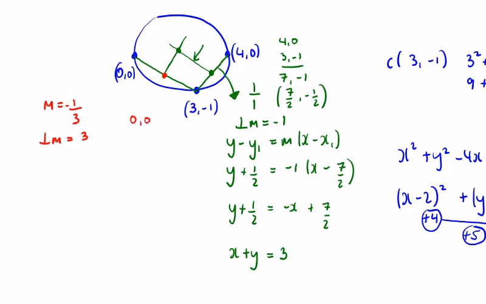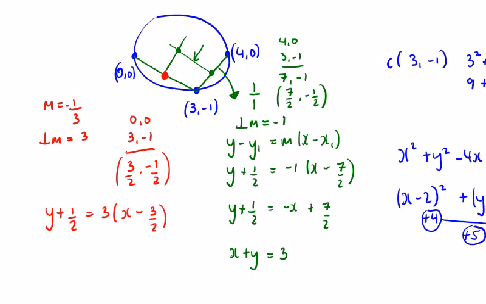My midpoint between 0, 0 and 3, minus 1. Add them together, divide by 2. 3 over 2, minus 1 over 2 is this big red point here. So y minus minus 1 over 2 is equal to m times x minus x1, 3 over 2.